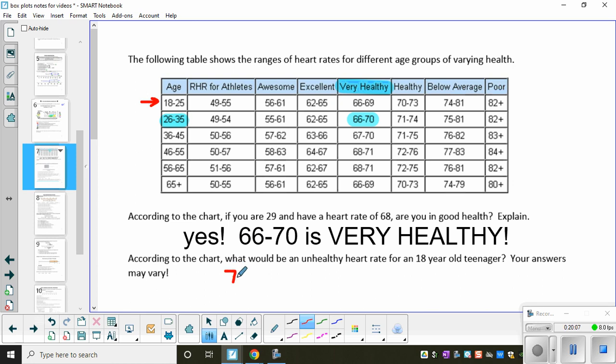So the way I'm going to answer this question is: if your resting heart rate is 74 or higher as an 18-year-old, that's not good health. I'll indicate it as 74 plus.